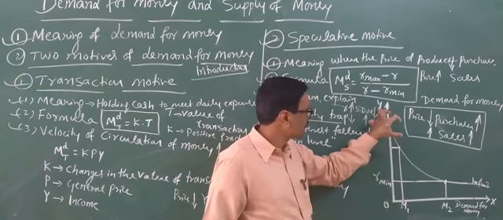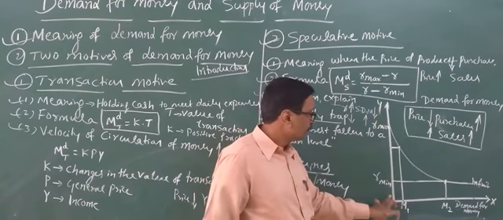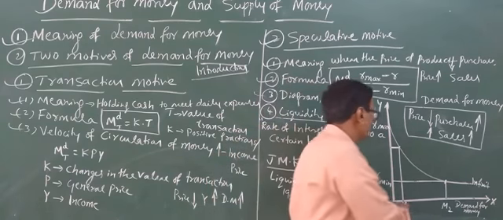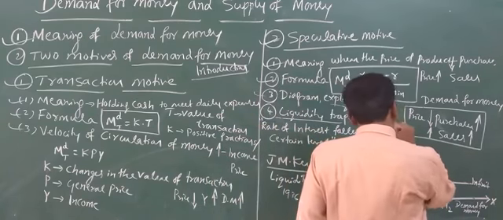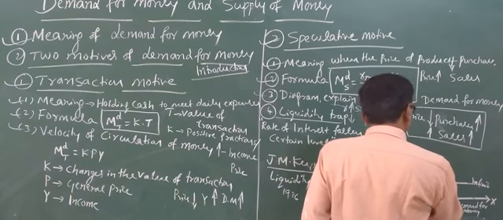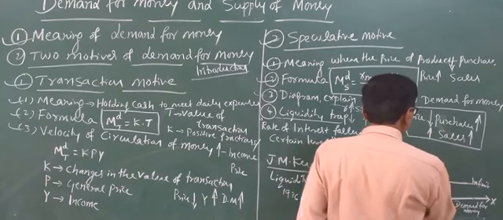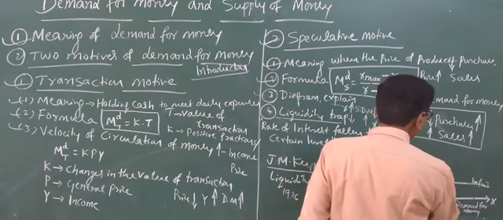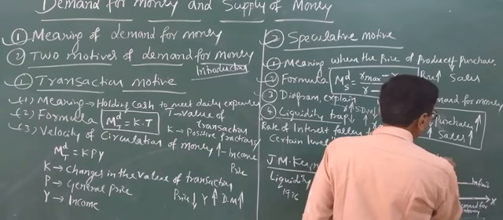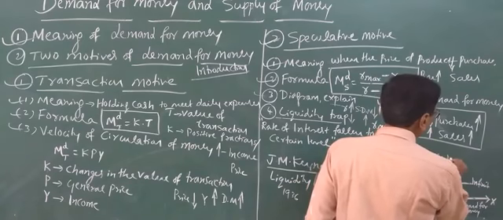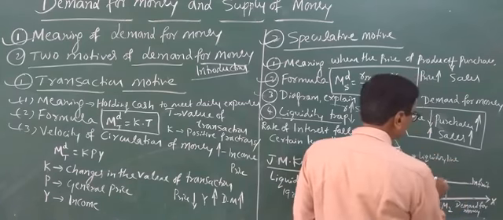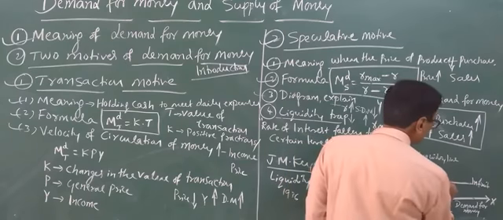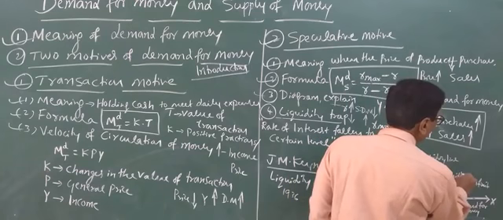That one line indicates liquidity preference, and the shape of the line is a rectangular hyperbola. That is the demand for money line, and that one point indicates the liquidity gap.